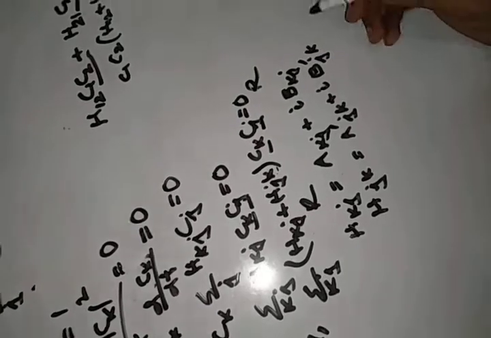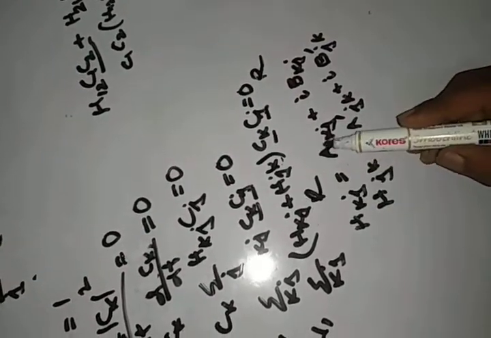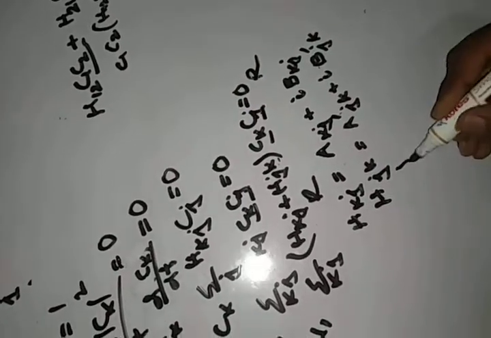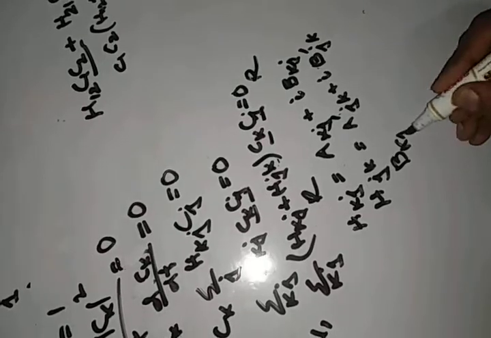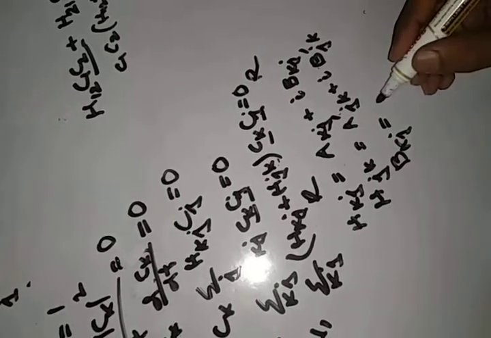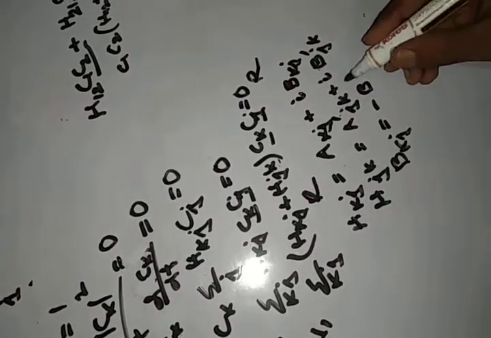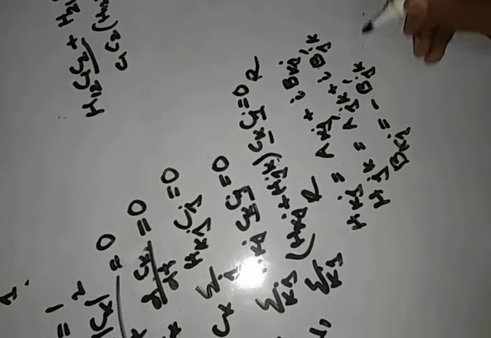Okay, now for these things to be real, this plus this to be real, this imaginary part must cancel, so b_kj must be equal to minus b dash jk. So we have one thing over here.